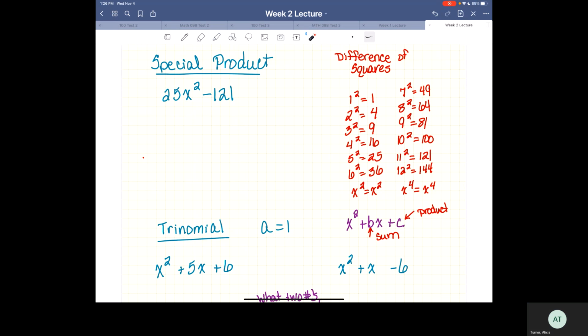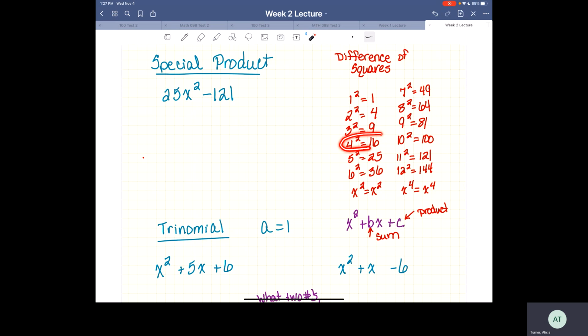Now, I wrote down perfect squares last week, but I want to remind you what perfect squares are. 1 squared is 1. 1 is a perfect square, and if I take the square root of 1, I get 1.